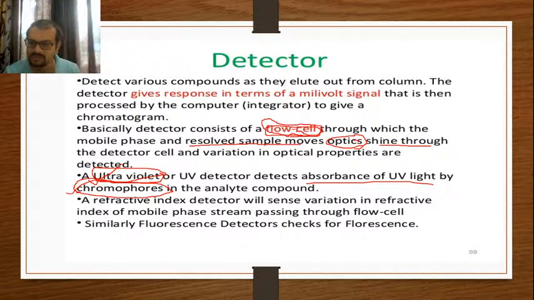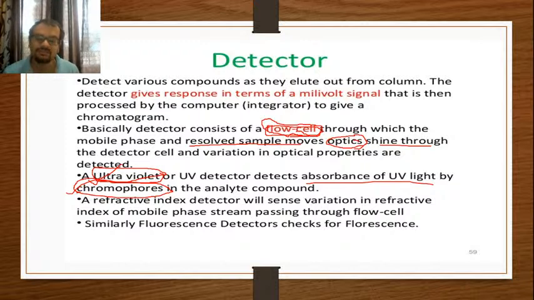Remember, this chromophore is an important entity of any analyte compound to get absorbed in UV spectroscopic methods. Next, if your compound shows RI variations with respect to the mobile phase, the RI detector will sense the variation in the refractive index of the mobile phase stream passing through the flow cell.